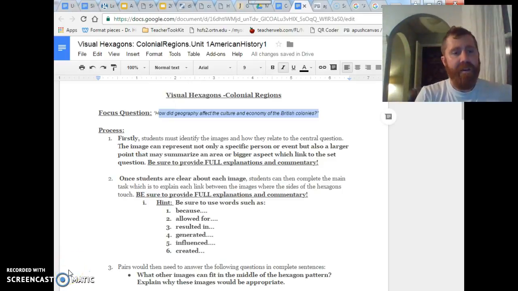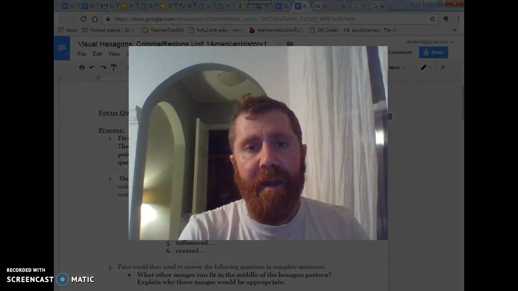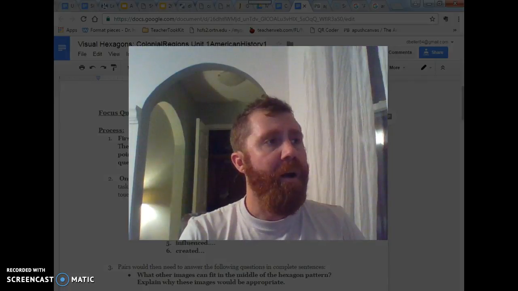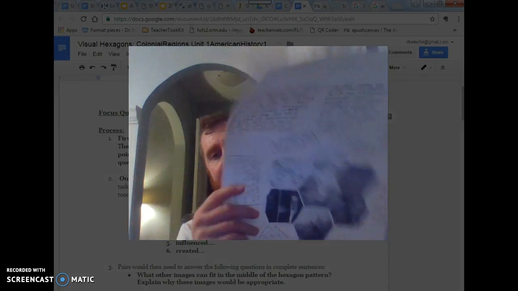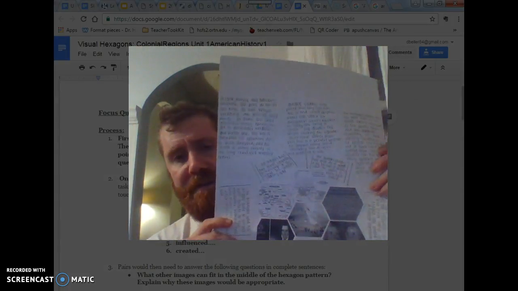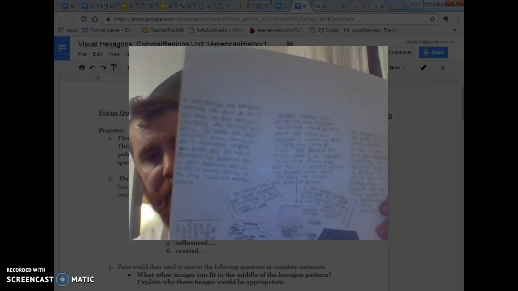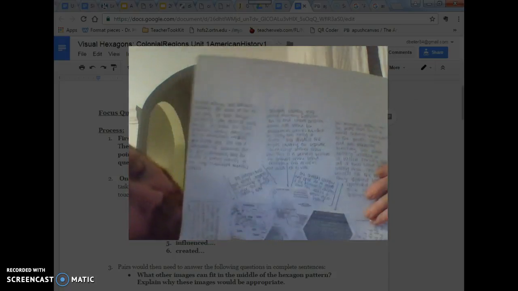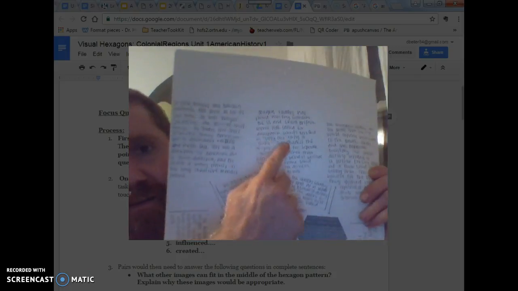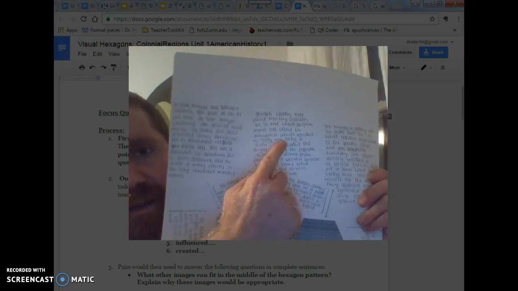So to give you an idea of what this should look like, this was a product from last year. And it's on a different topic, but you can see here that these young ladies went through and identified each of the images.